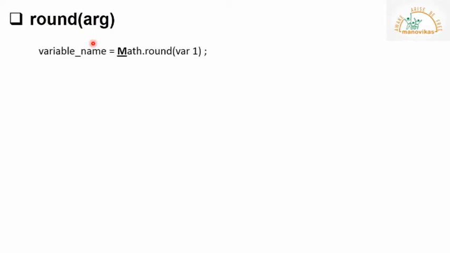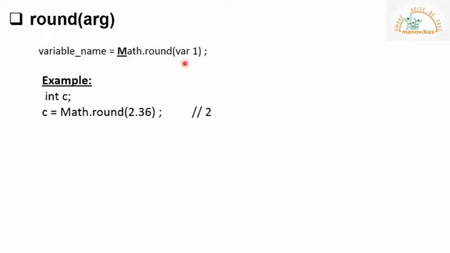The format of writing is variable name is equal to math.roundoff, the variable or the value you want to pass. For example, math.roundoff 2.36. 2.36 is an argument which is passed here. The result will be 2.